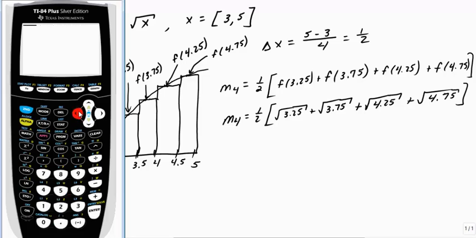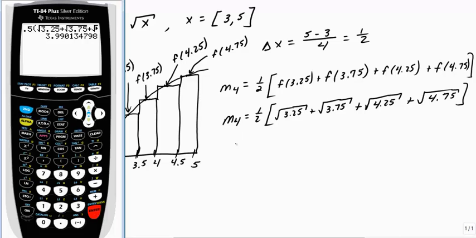Bear with me, this calculator is a little slow here on the computer. And finally we have our plus the square root of 4.75. And finally, that should find it.